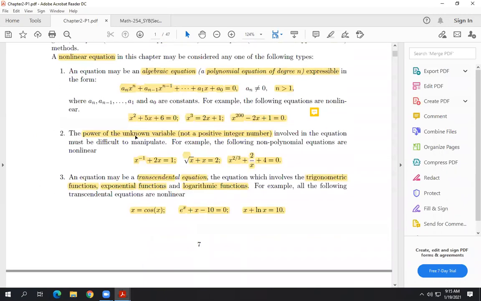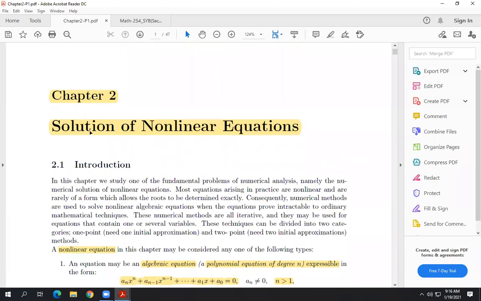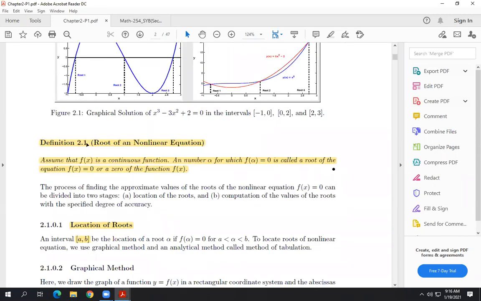So you have to convert the equation into the short form, f of x equals 0, and your job is to find the solution of the equation. What is the definition? Sometimes we say solution of the nonlinear equation, sometimes we say root. Root and solution have exactly the same meaning.